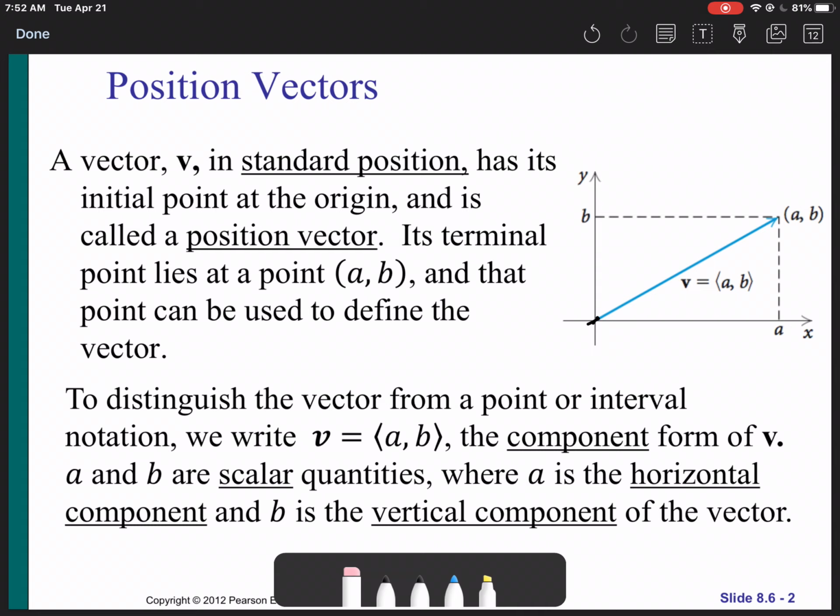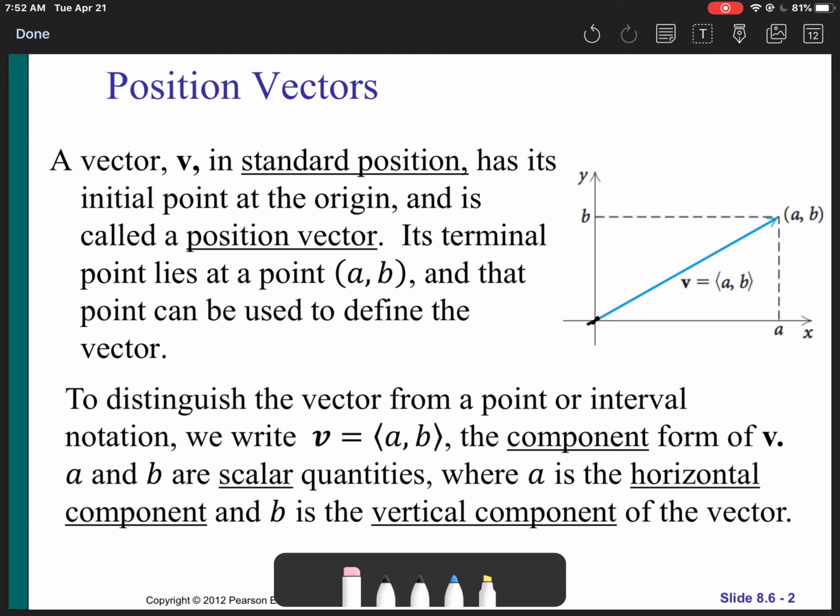It makes it a little bit easier to work with if the initial point is at the origin and the terminal point is then at some point in the plane, with coordinates a, b, so that this vector v can be represented simply by identifying its components a and b.